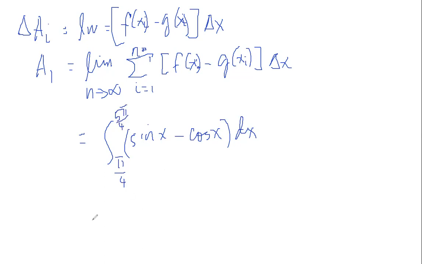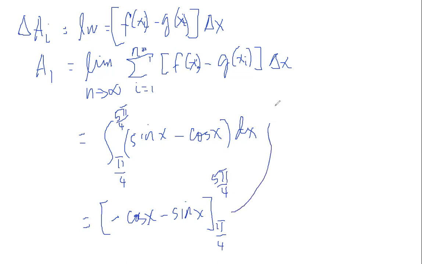Okay, so let's integrate. Now, what's the integral of sine? That's negative cosine x. And what's the integral of cosine? That's sine x. And we're going to evaluate this from pi over 4 to 5 pi over 4.